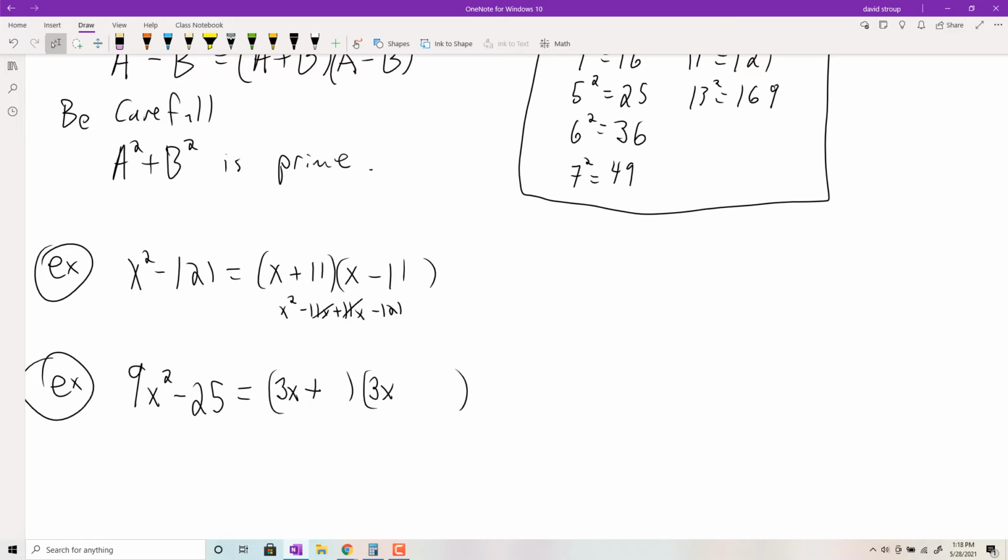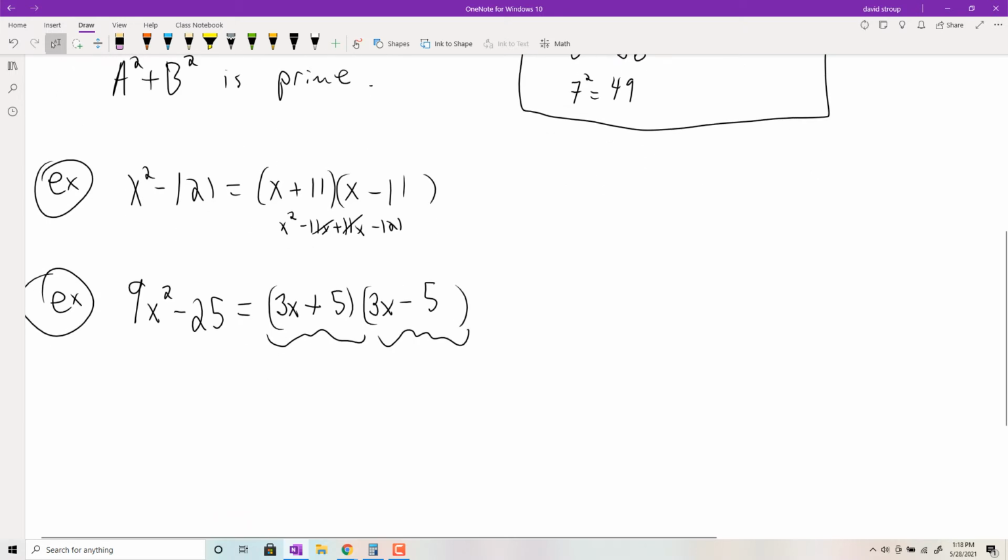So it's plus minus, and then what times what is 25? 5 and 5. Okay. So both this thing in parentheses and this thing should be exactly the same, except they have opposite signs. When they have the same sign, that would be another form we look at in a little bit.